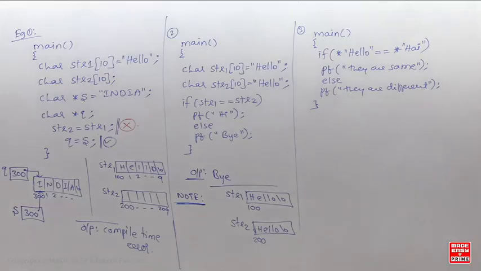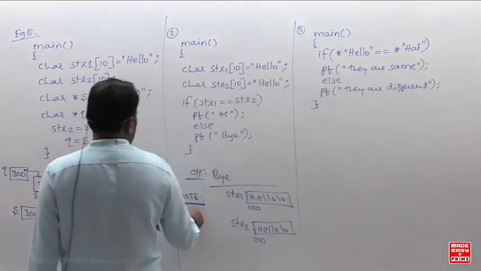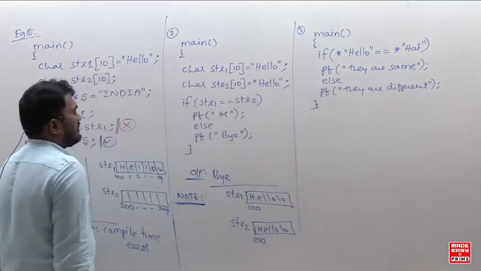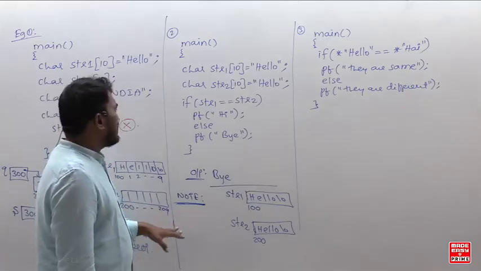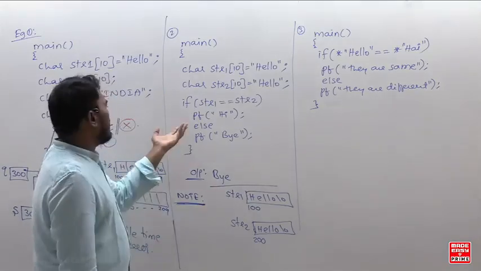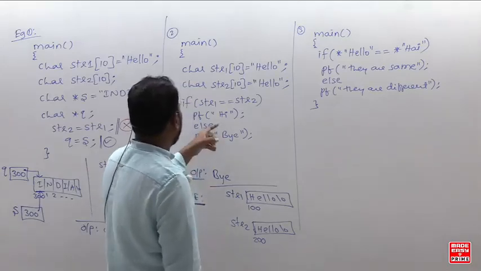We are comparing the base addresses of the two different strings. Okay, that's it. Because they are different, the output will be Boy.